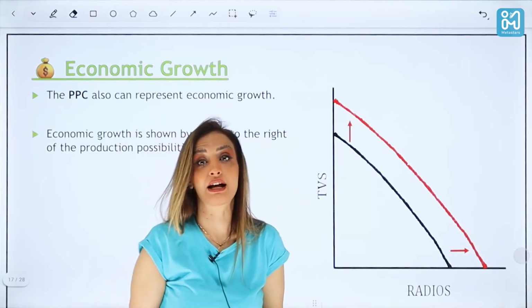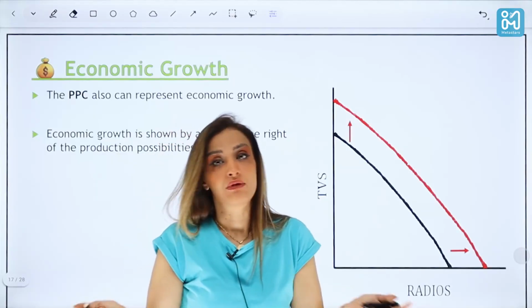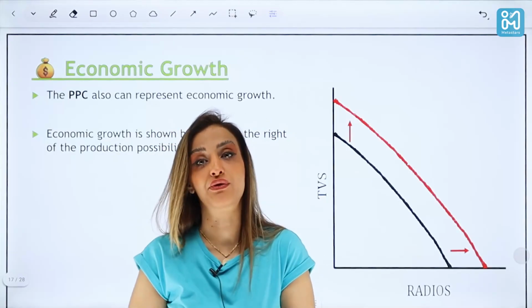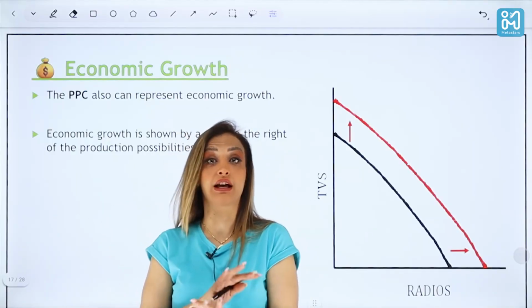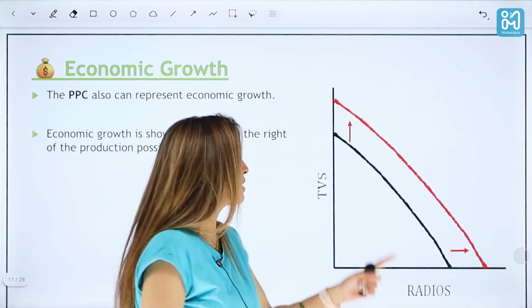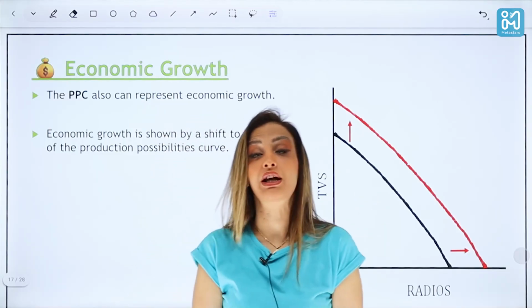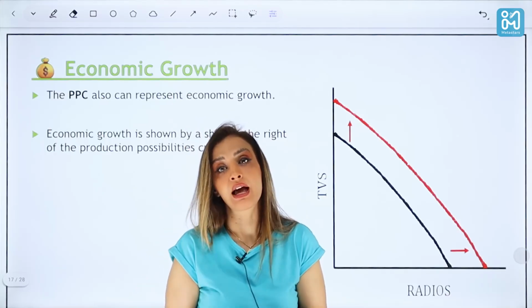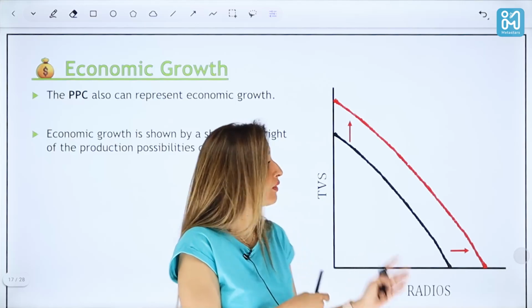That means, guys, that there's economic growth here. Why? You have a new technology, you might have extra resources, factors of production are available efficiently. That's what I mentioned at the beginning of the video, that any unattainable point might be attainable one day if there is economic growth.